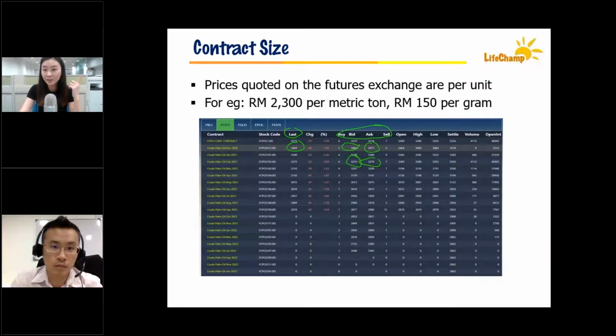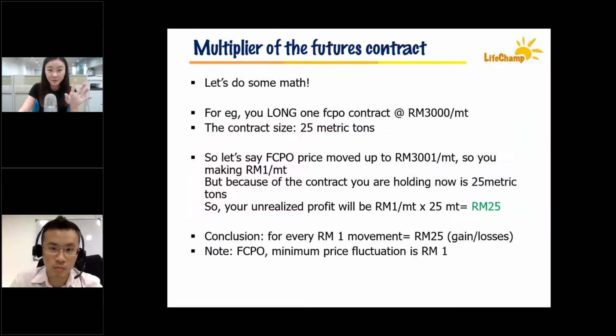And remember just now we said that for one futures contract, you're actually holding 25 metric tons, right? So let's give an example. Let's say you long one FCPO futures contract at 3,000 per metric ton, at the 3,000 level.